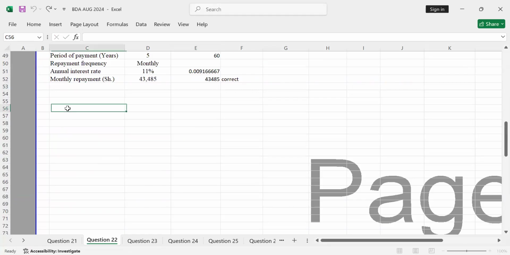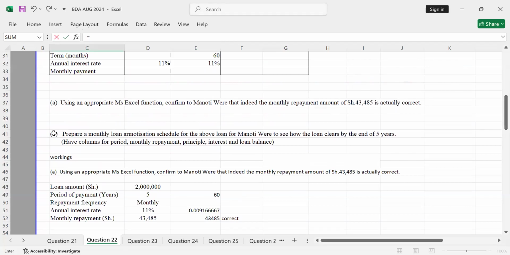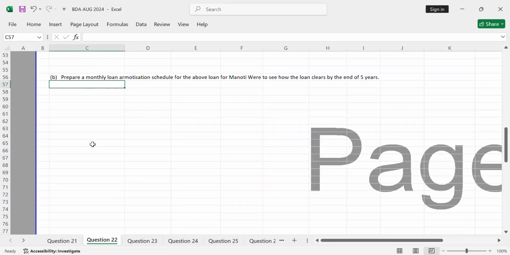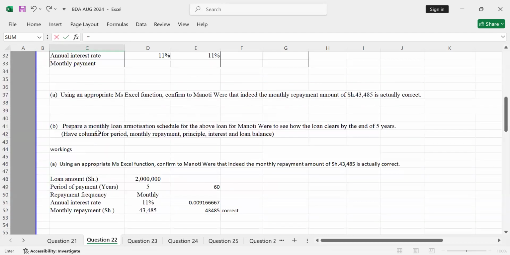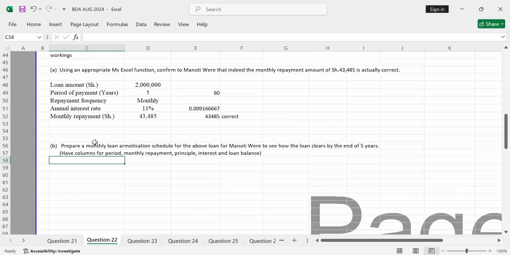You are required to prepare a monthly loan amortization schedule for the above loan for Manoti Wele, to see how the loan clears by the end of the 5th year. So we can prepare the loan amortization schedule.